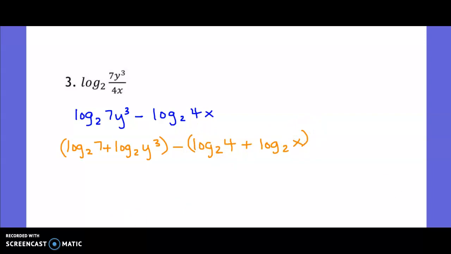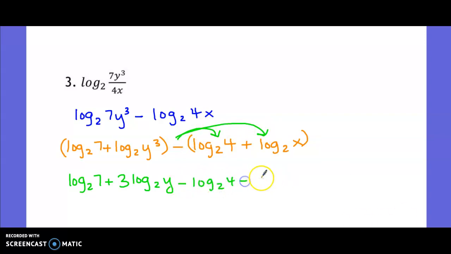And then take care of any exponent. So I do have an exponent right here. Log base 2 of 7 plus 3 times log base 2 of y. And then this is what I would be subtracting. Now this is in parentheses, so I'm going to subtract this and this. Minus log base 2 of 4 minus log base 2 of x.